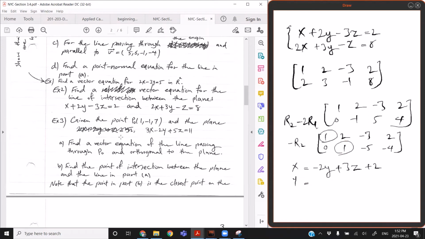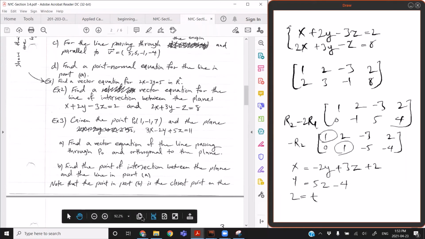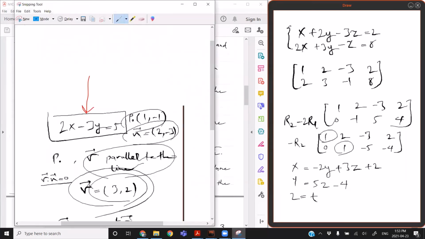If I isolate y, I get 5z minus 4. And then what do I do for z? Since z is a free variable, I'm going to assign a parameter to it. For parameters, we use either s or t. So I'm going to use t for this one.